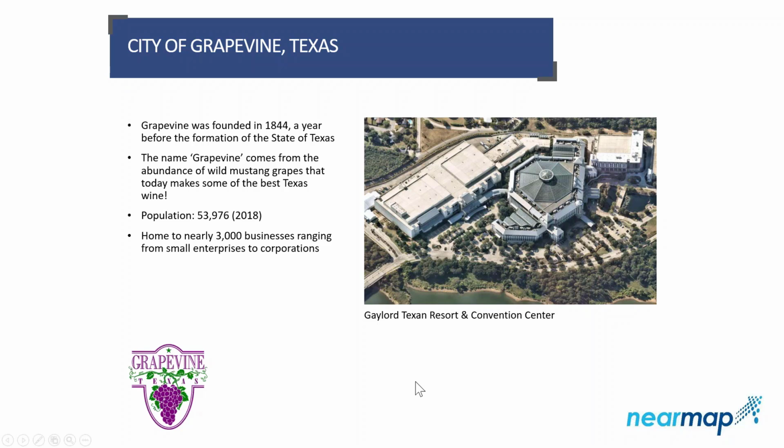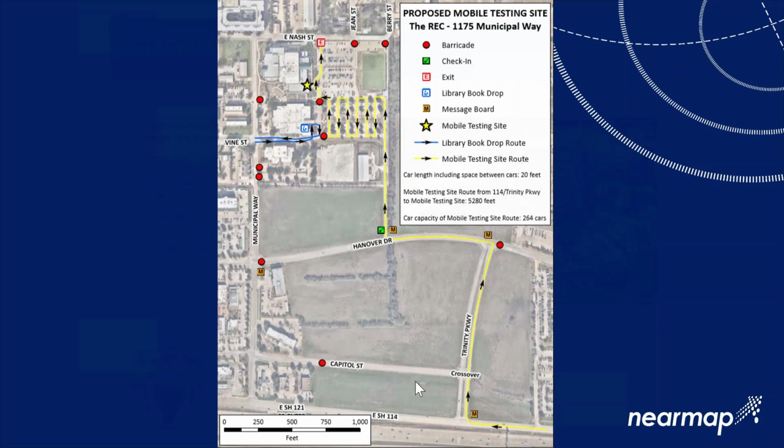And then I'm going to speak to how we utilize their 2D and obliques to help us prepare for a possible testing site in response to the virus that's going on. When the police chief and fire chief approached me, they said we're going to possibly have a mobile testing site at one of our recreation centers that obviously had been closed because of the social distancing and things like that.